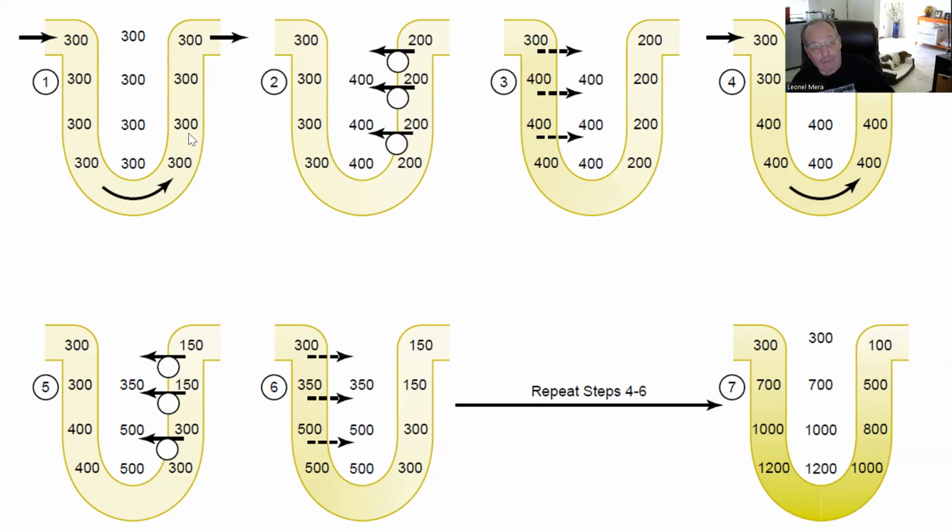Now, what happens? You're going to see that you have 300 here and 300 in the interstitium. But that's not going to work, because in order for the countercurrent multiplier to work, we need to increase the osmolarity of the interstitium. How are we going to do that?